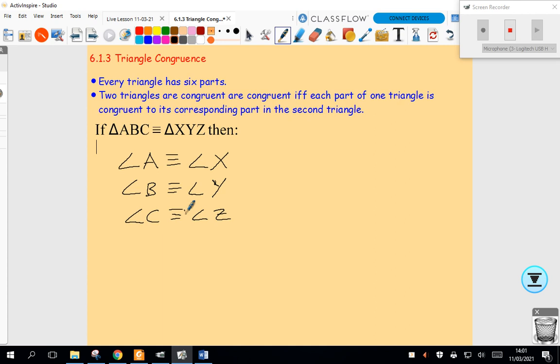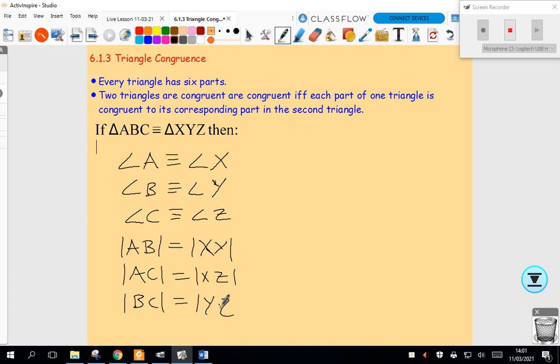Also, the length of the side AB would have to be equal in length to the side XY in the second triangle. And the distance from A to C would have to be equal to the distance from X to Z. And the distance from B to C would have to equal the distance from Y to Z in my two triangles.